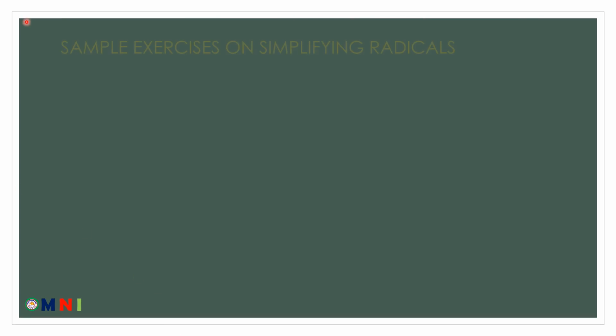We have here some sample exercises on simplifying radicals. First one is the square root of 75x cubed. Take note that for 75, we have a perfect square factor which is 25, and for x cubed, we have x squared. Therefore, we can make use of 25x squared as our perfect square factor.